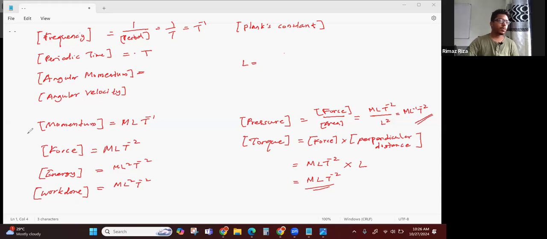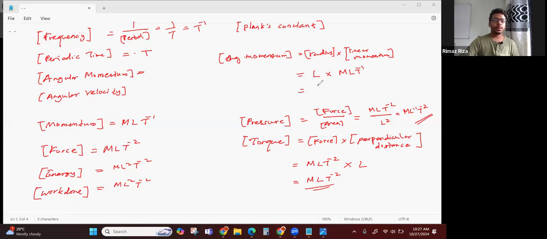So radius is a length, capital L, and linear momentum is M L T minus 1. Therefore angular momentum has the dimension M L squared T minus 1.